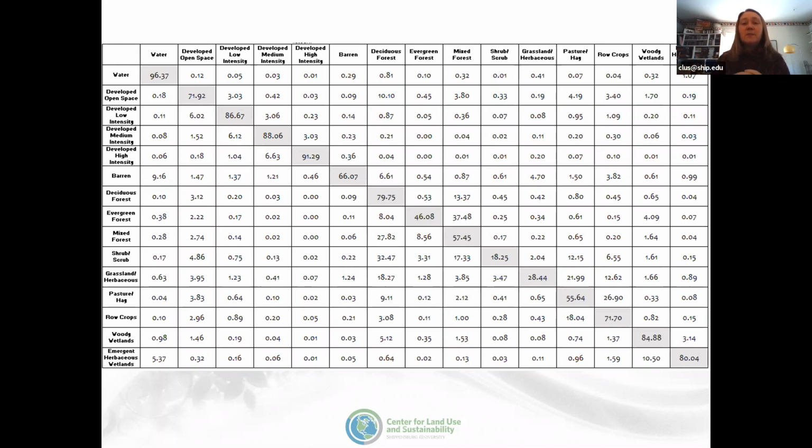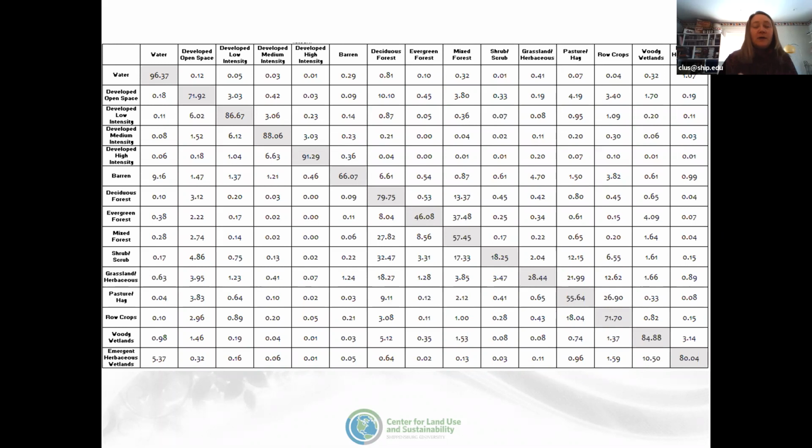And this is a pixel by pixel comparison of the year 2011, a date that they have in common. The class with the highest rates of agreement, you can see, is water. So in the case of water, over 96% of the pixels are mapped the same in both editions. Another high agreement class is developed high intensity, where we see an agreement of over 91%.